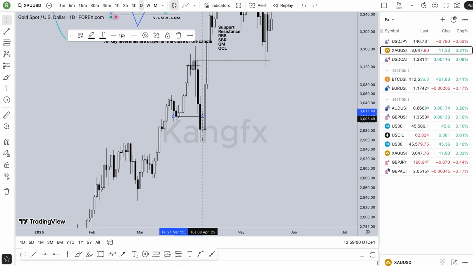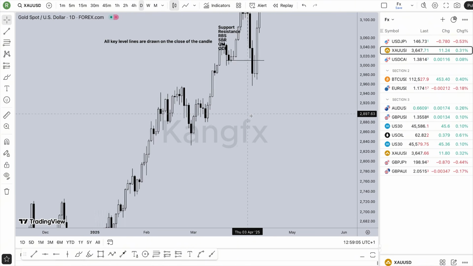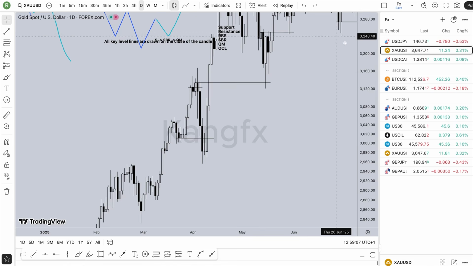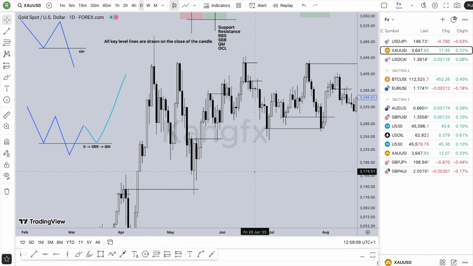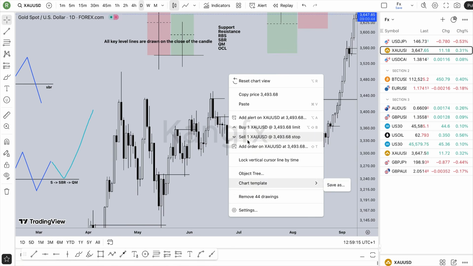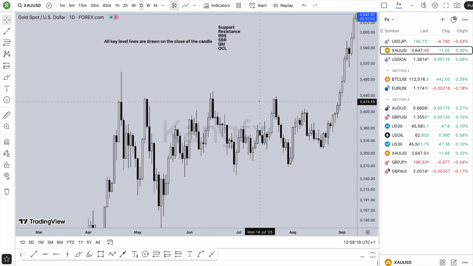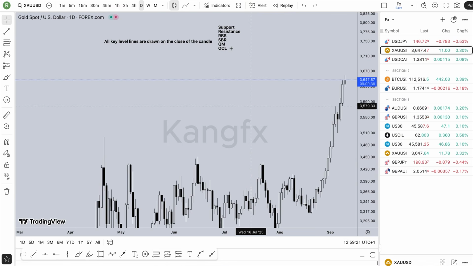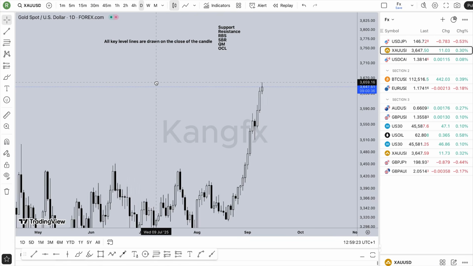You see how the market used it before, it broke through it again, that made it become a QM. So that's how to identify support, resistance, and QM on the chart. Let's go to the final key level we'll be looking at in this video. The last one is OCL.